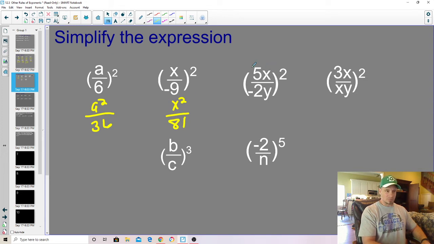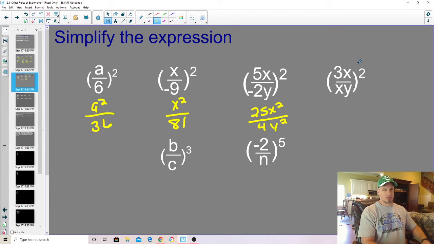Okay, here a little more complicated, but still, you're going to square everything on top and square everything on bottom. So it's going to be 5 squared, which is 25, x squared, over negative 2 squared, which is positive 4, y squared. Okay, just like that.